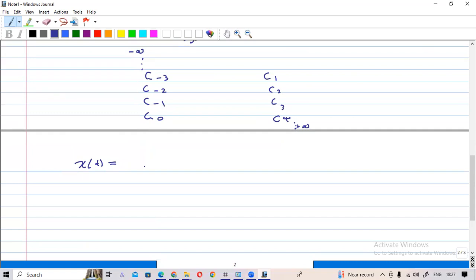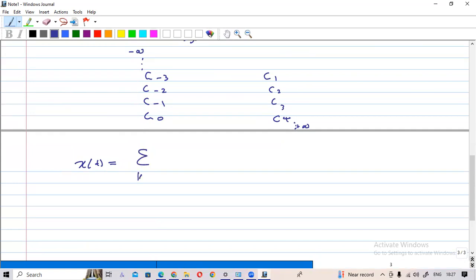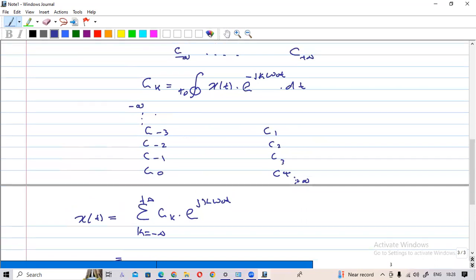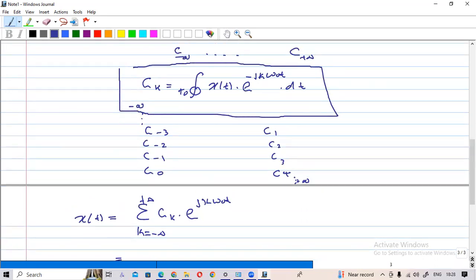If I expand this expression, x(t) is the sum over k from minus infinity to plus infinity of Ck e to the power of jk omega naught t.